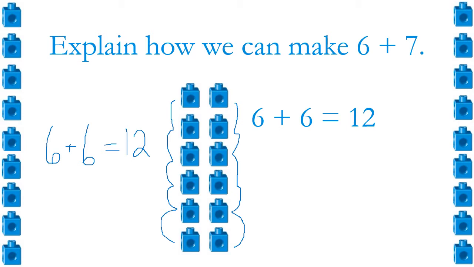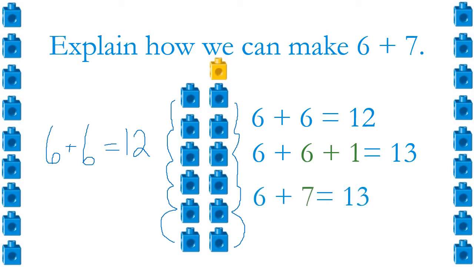But our problem is 6 plus 7. So we add one more because 6 plus 7 is one more than 6 plus 6. That's why it's a near doubles fact. So now we have 6 plus 6 plus 1. And 6 plus 1 is 7.